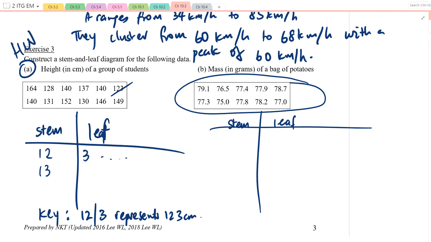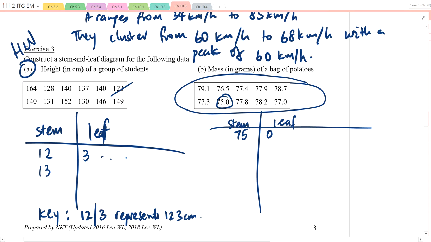The last digit will be the leaf. Everything else is the stem. What is the smallest number that we can see over here? Smallest number of all the 70 somethings: 75.0. Okay, this is the smallest number. So I have a leaf of 0 and I have 75 over here.